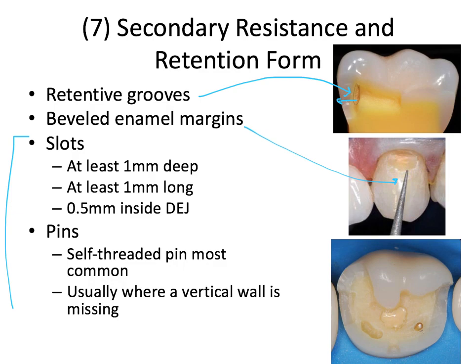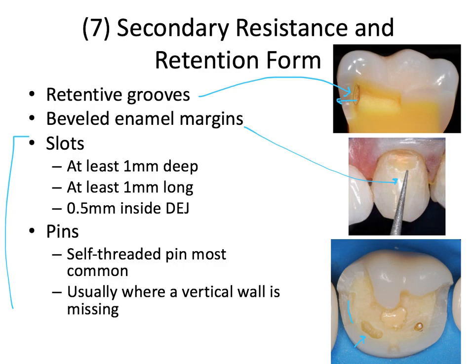So slots, we see a slot right here in this complex prep, and it has to be at least 1 millimeter deep, 1 millimeter long, and about 0.5 millimeters inside that dentin enamel junction. And pins can also be used.